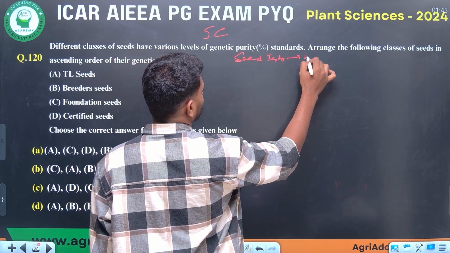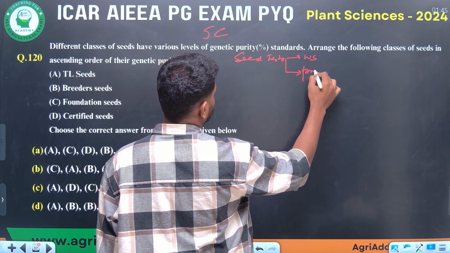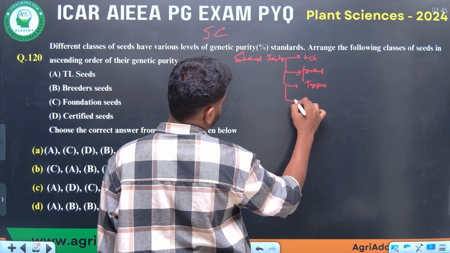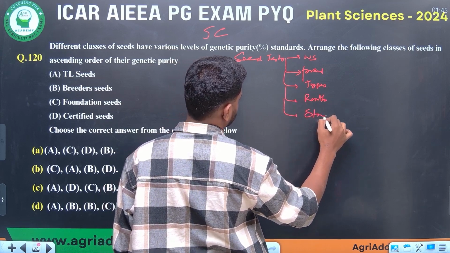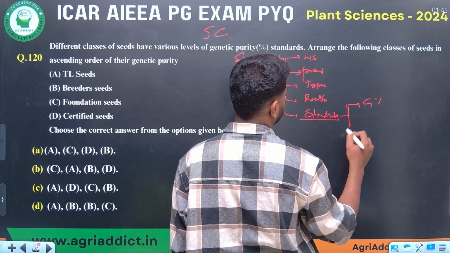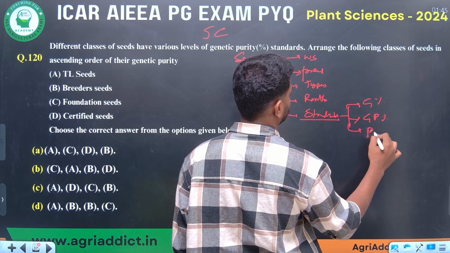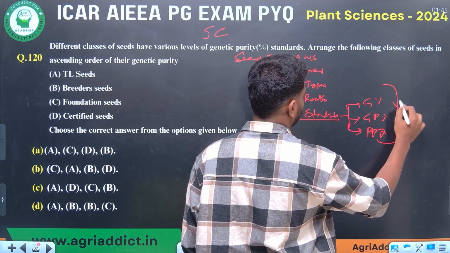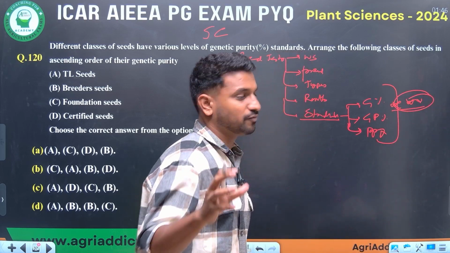I told you to remember the working sample, the procedure, the types, the reporting of results, but the standards I missed. So remember the standards for germination percentage for certification, genetic purity percentage for certification, and physical purity percentage for certification.